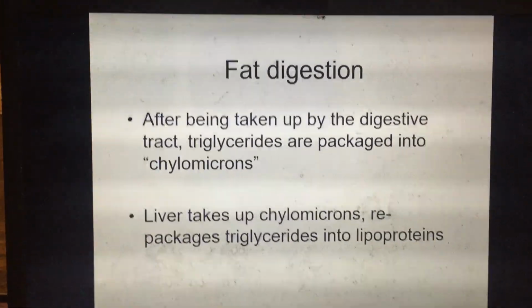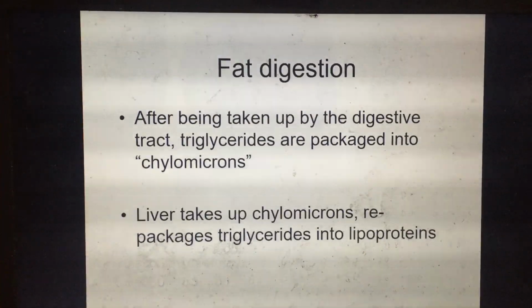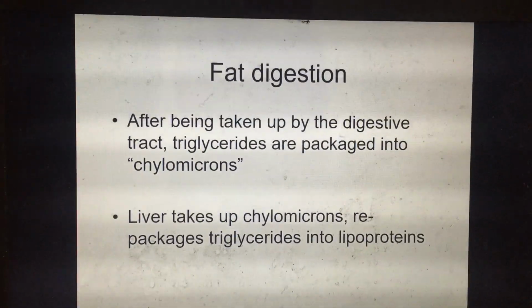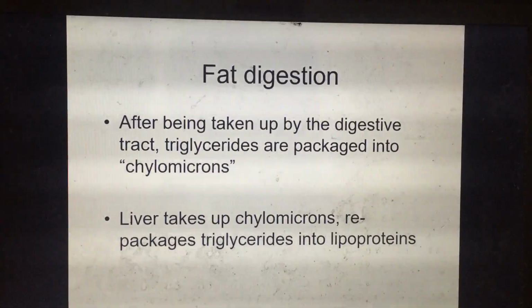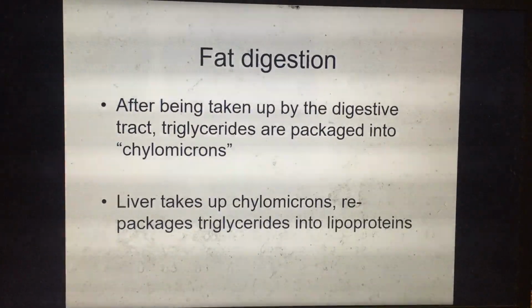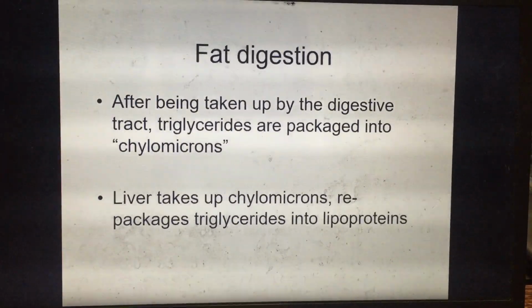Now for the last few slides, I'm just going to go over a few pointers on fat digestion and what happens to fat metabolism after you've consumed fats in the diet. After being taken up from the digestive tract, triglycerides are packaged into chylomicrons.